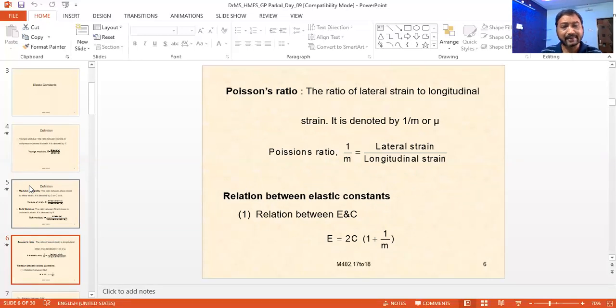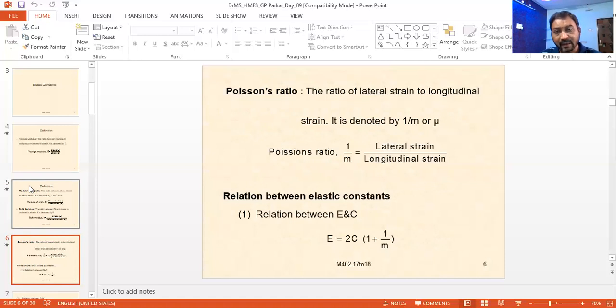The lateral strain is the strain of the body perpendicular to the direction of the applied force. For example, if a body has length, width and thickness, and the force is applied along the length, the strain produced along the length is called the longitudinal strain, or primary strain, equal to the change in length by the original length, that is delta L by L.